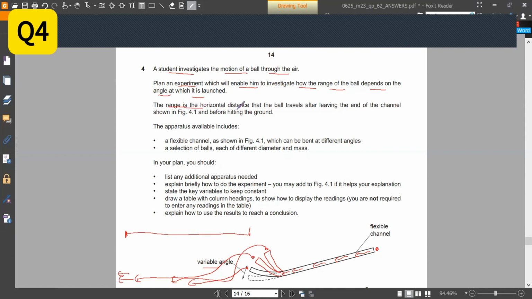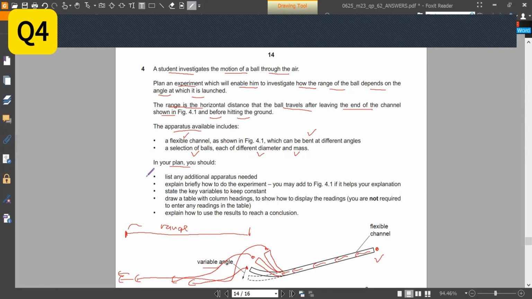The range is the horizontal distance that the ball travels after leaving the end of the channel shown before hitting the ground. So apparatus available. So what we have so far, a flexible channel, which can be bent at different angles, and a selection of balls, each of different diameter and mass.